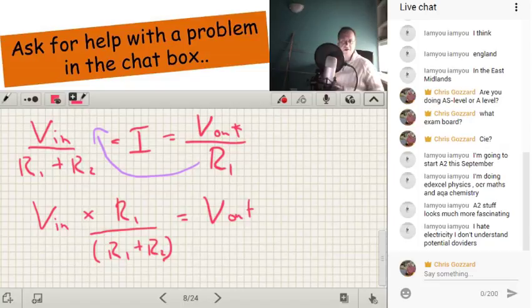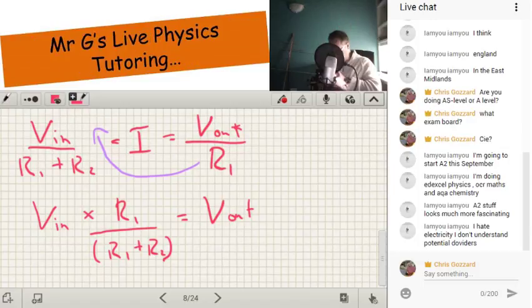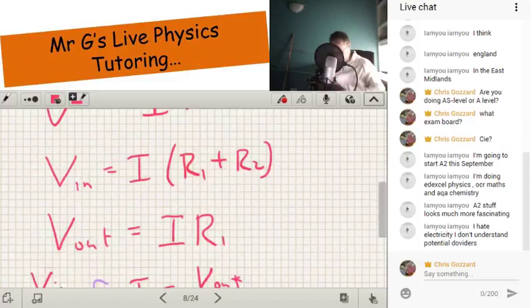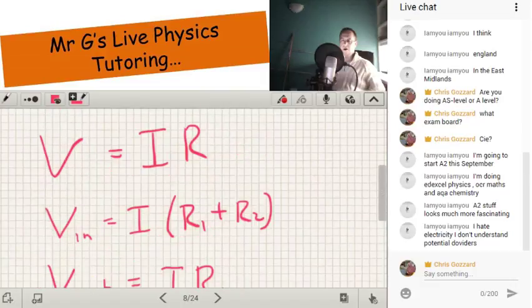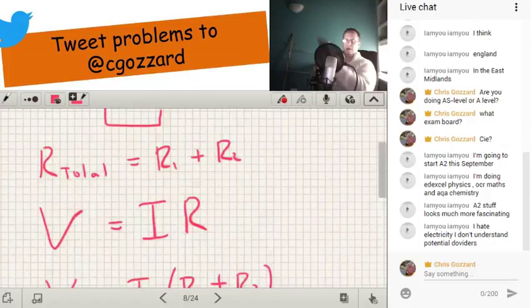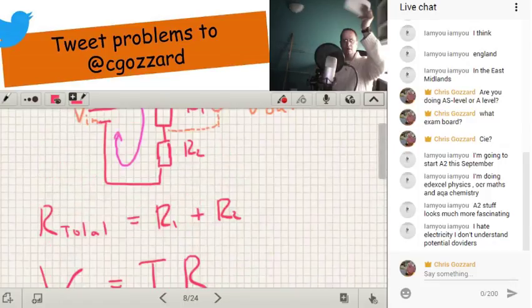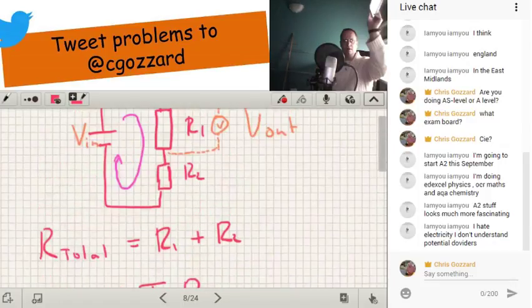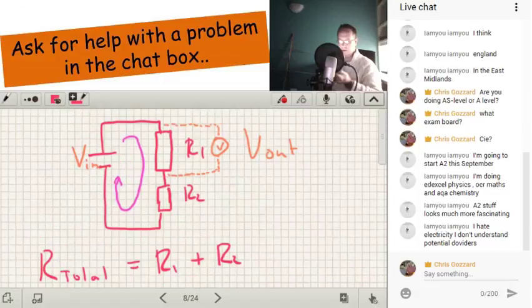And that's it. Let me just go through that again, from the top. We've got our circuit here with two resistors, R1 and R2.